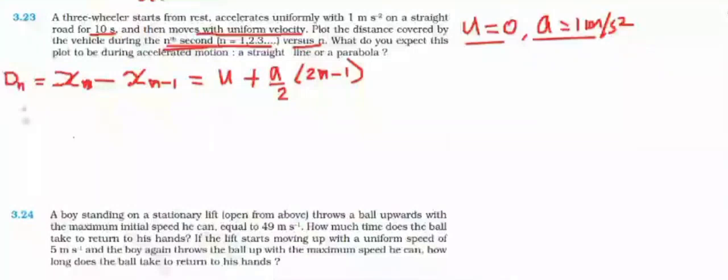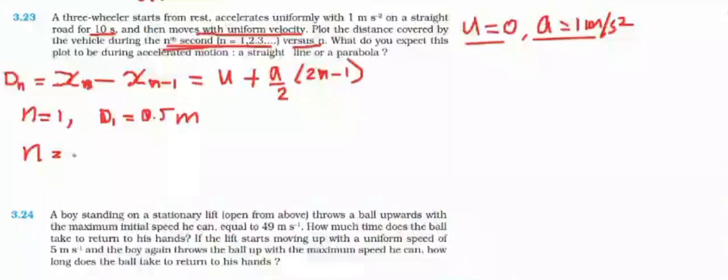Now we can substitute n equal to 1 and all other values. When you substitute n equal to 1, you will get d1, that means the distance traveled in the first second. You will get around 0.5 meter. Then next you can take n equal to 2, n equal to 3, like that.